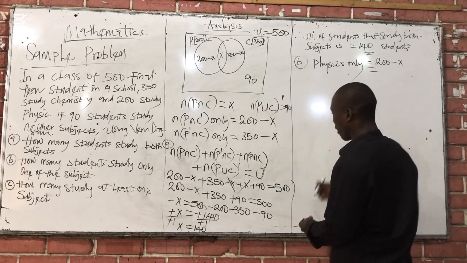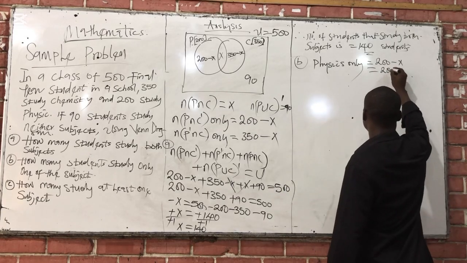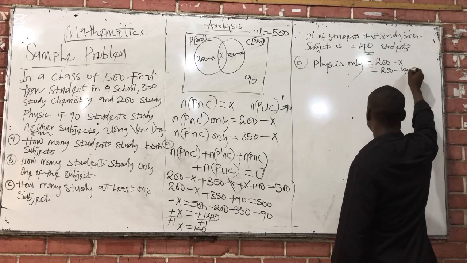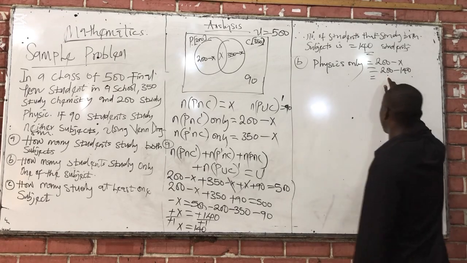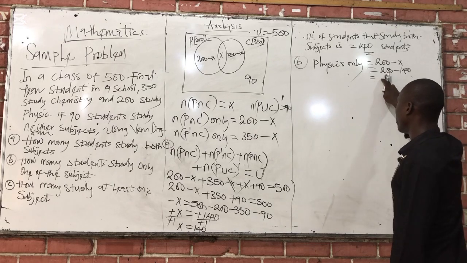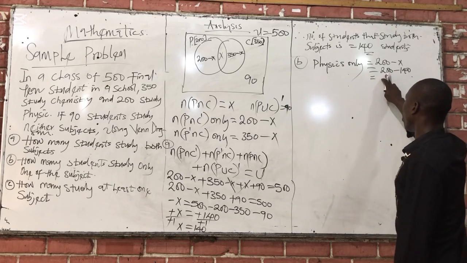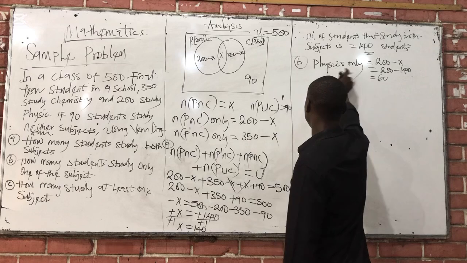And we know the value of our x to be equal to 140. So this is 200 minus 140. When you remove 100 from 200, you have 100. If you remove 40 from 100, you have 60. So this is for physics only.